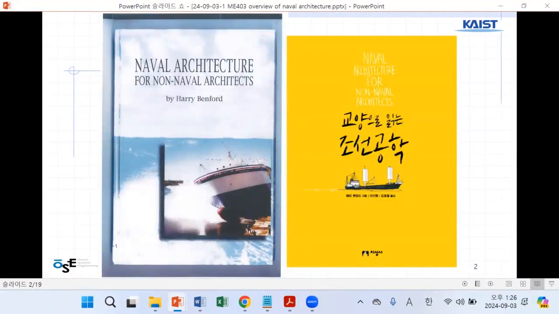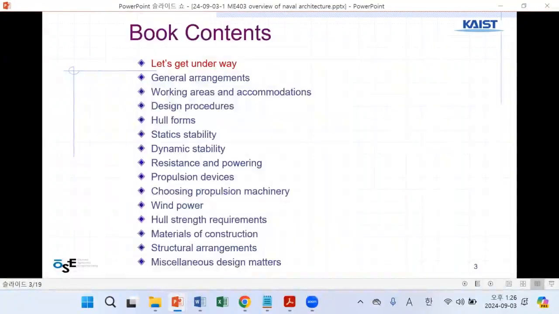This is the book, the first textbook. Right? And these are the chapter names, titles of the book. All right. See the general arrangement. General arrangement is, how can I say, this building. This building. How do you expect?